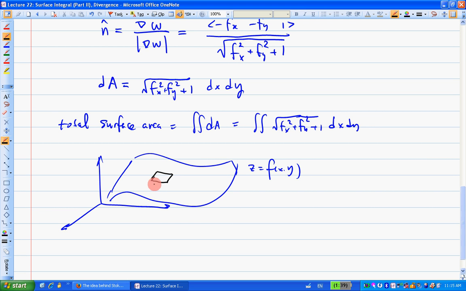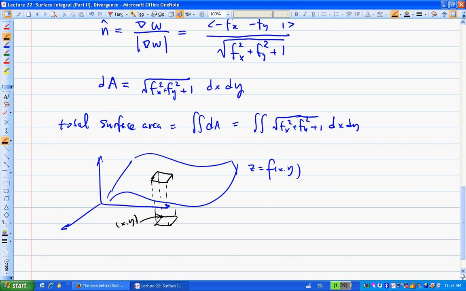And then, if I project that onto the xy plane, I would get a small patch too. So I would get a small patch like this right here. Let's say this corner of this rectangle here is (x, y).